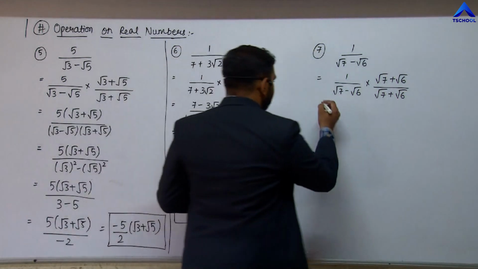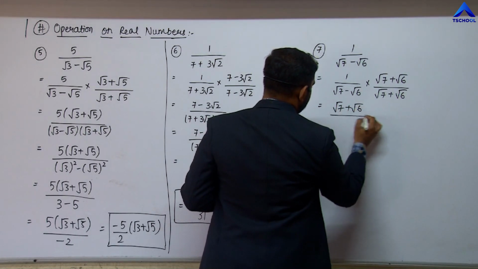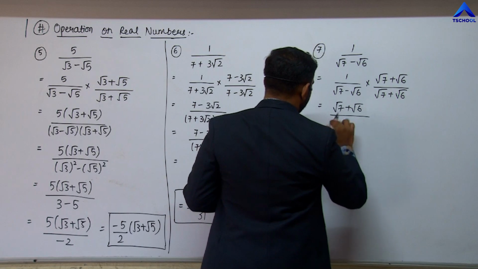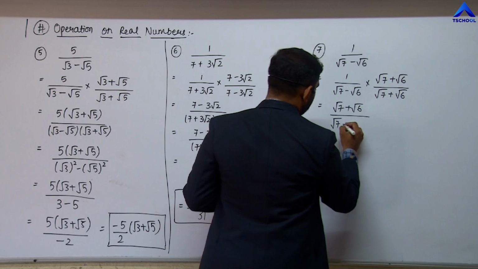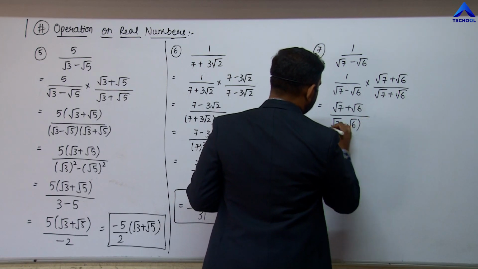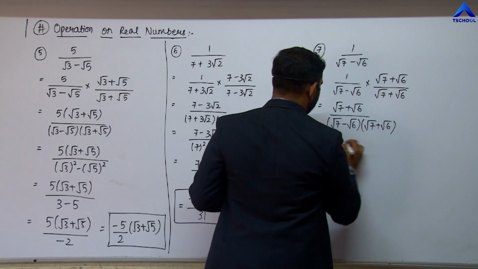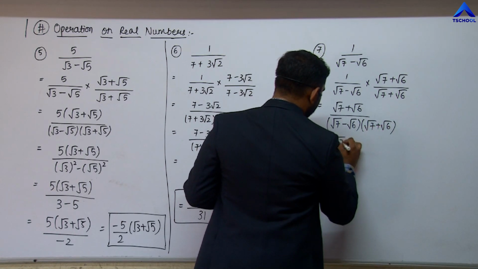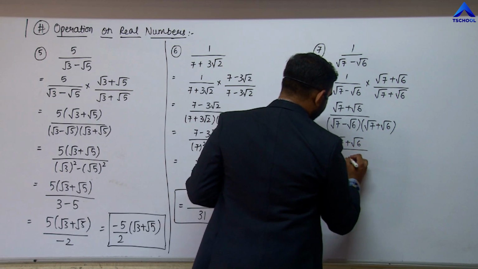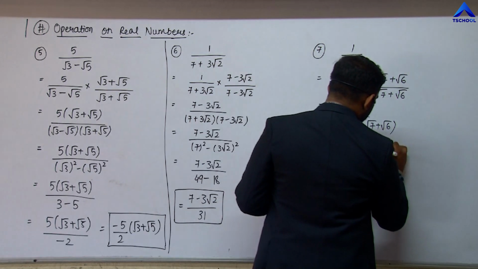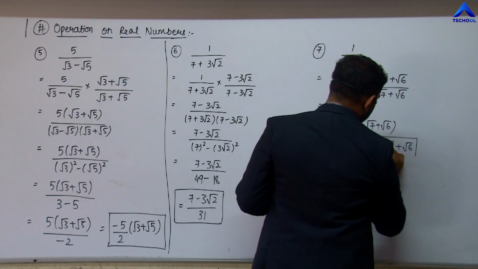Okay, so that is equals to square root of 7 plus square root of 6 divided by root 7 minus root 6 into root 7 plus root 6, that is square root of 7 plus square root of 6 upon 7 minus 6, which is equals to square root of 7 plus square root of 6.